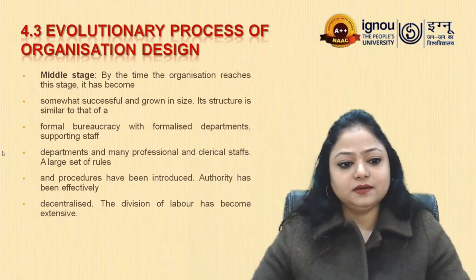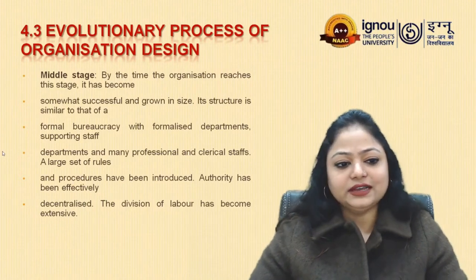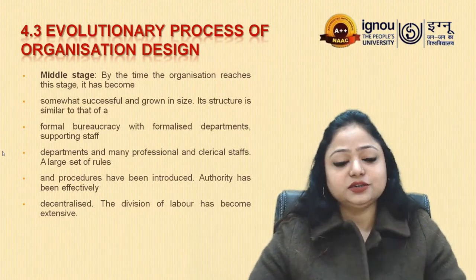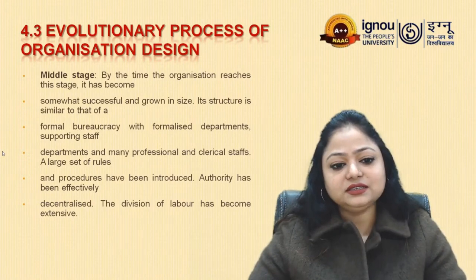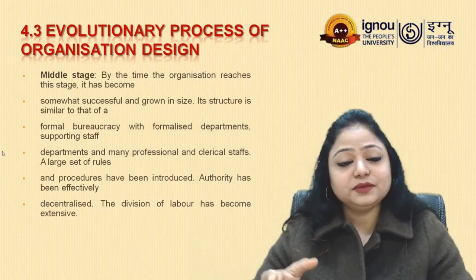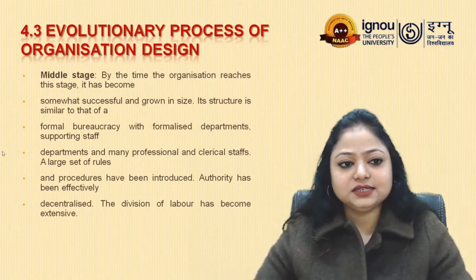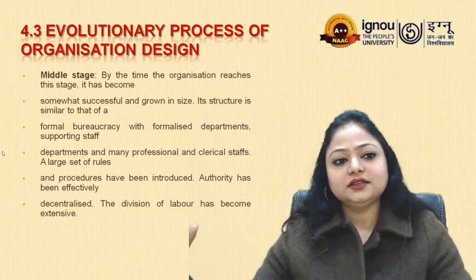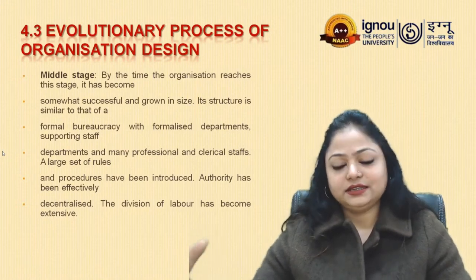The authority system has become very effective. The centralized decision making system has been decentralized and division of labor has become extensive at this stage. So the organization has reached the middle stage.